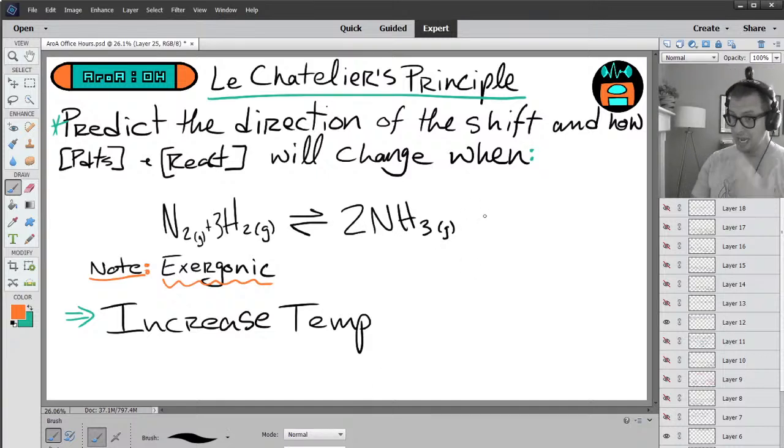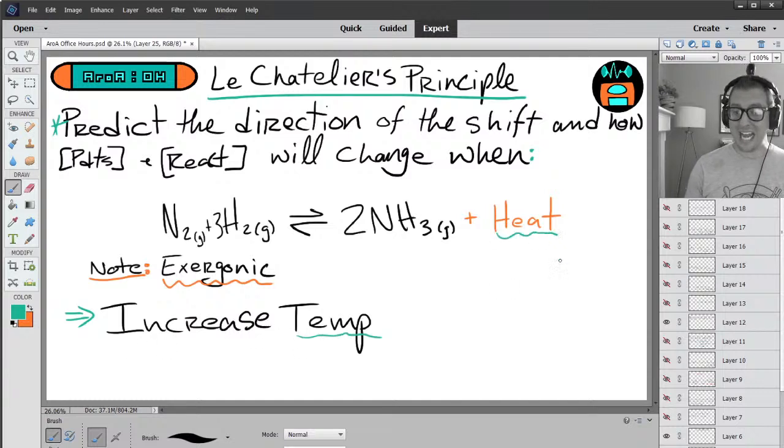Exergonic means energy is being released, and so heat can be considered a product of this reaction. We can write it in on the product side. So if we're increasing temperature, that means we're adding heat. This is going to affect the reverse reaction rate.